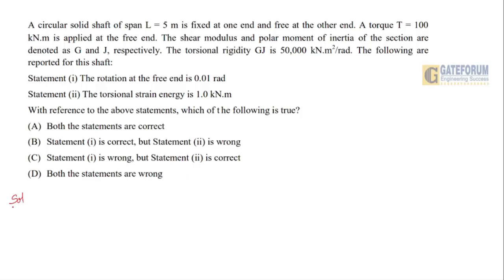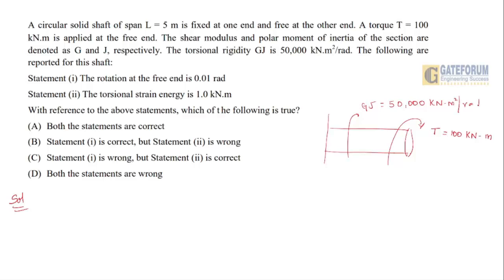When you see the solution for this, there is a shaft revolving with torque of 100 kilonewton meter. You have GJ equal to 50,000 kilonewton meter square per radian.